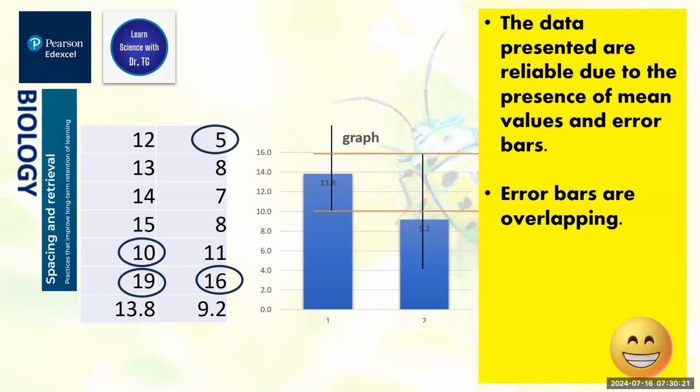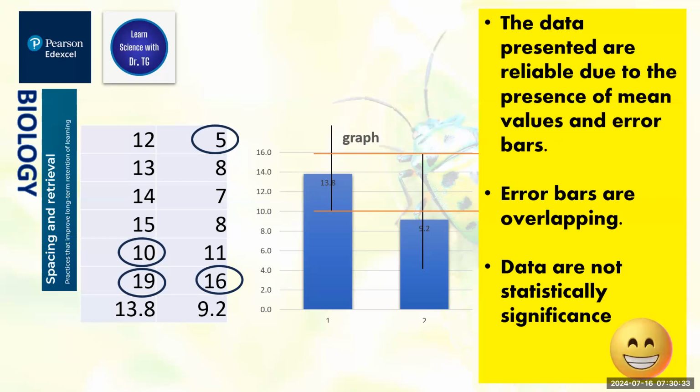The last thing, you make a conclusion: data are not statistically significant. That means this data cannot be used because they are not statistically significant. If we use this as a medicine, now we can't use this medicine. It doesn't show statistical significance. The only thing is they have to change the experiment or change the concentration. Again, they have to repeat in a different way.